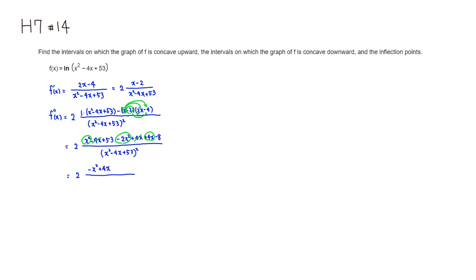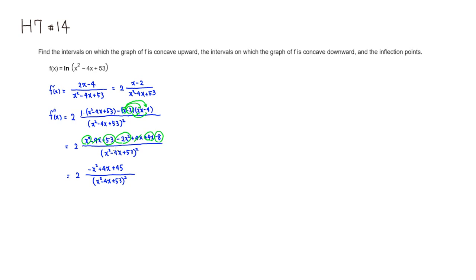Then 53 minus 8 is 45, so plus 45. Then I'm going to have the same denominator, x squared minus 4x plus 53, squared.